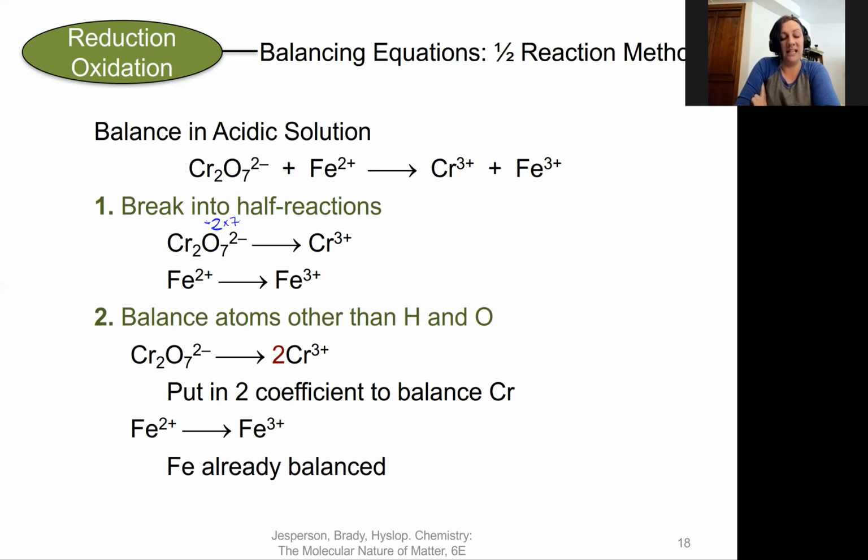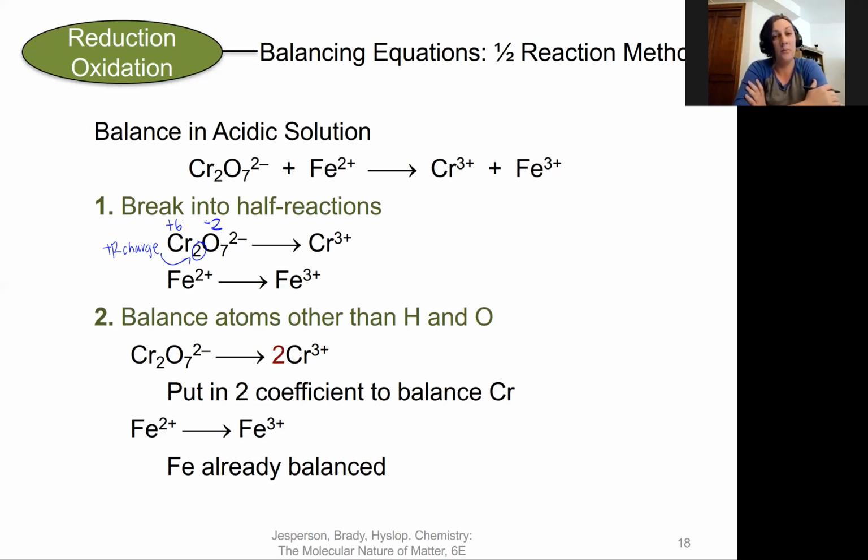And so to get a -2 charge overall, I'm going to need a +12 charge total from my 2 chromium ions. And so that's going to give me a chromium of +6 oxidation state.